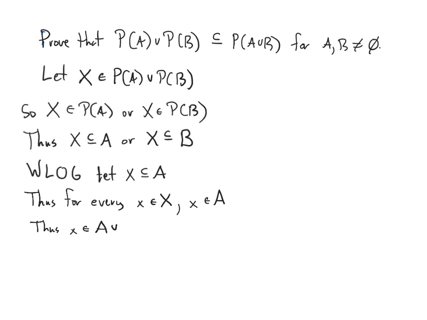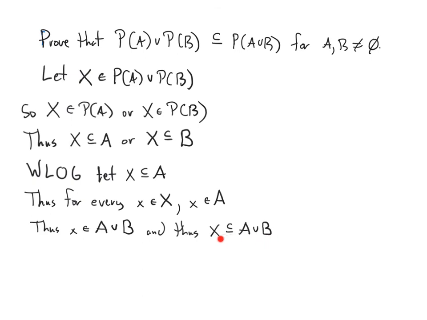And so the set that we can pick is B. So since x is an element of A union B, we started with an element of X, and we showed that any element of X is also in A union B, and thus, X is a subset of A union B.